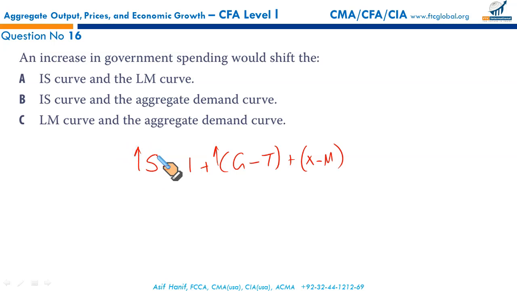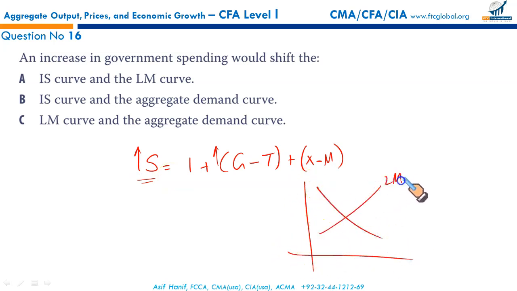So an increase in government spending must be followed by an increase in savings. If you just see this on the IS and LM model, this is LM, this is IS. So an increase in government spending would increase saving, and that would result in the IS curve shifting outwards.